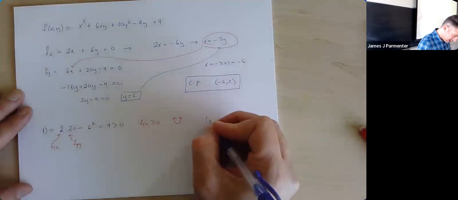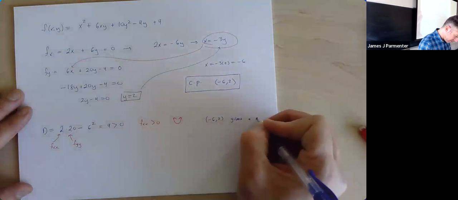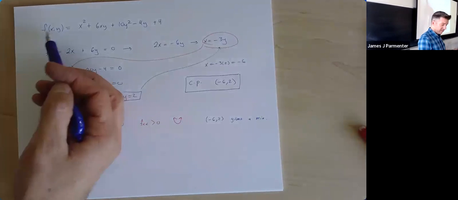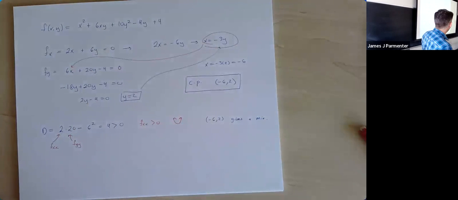So negative 6, 2 gives a minimum. Sometimes people like to find the third coordinate of this, like they like to say the point is negative 6, 2, whatever you get when you plug in negative 6 and 2. Usually not what people ask for, but I think there's some web work problems that do ask you to do that if you're in the solids class. So just be aware of that. I think he had addressed that in the announcement as well.